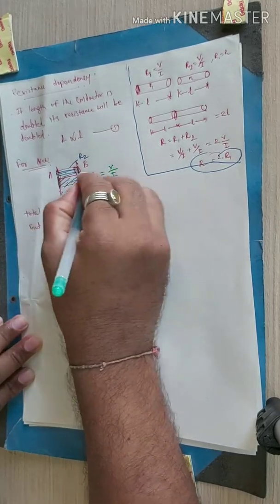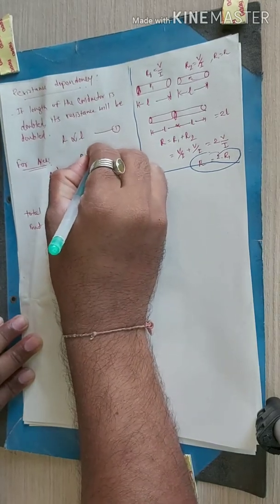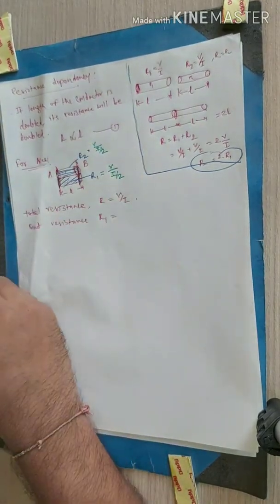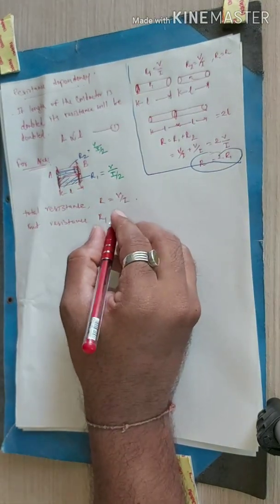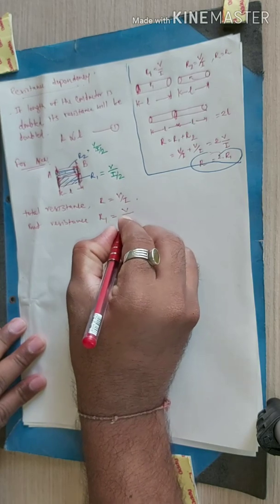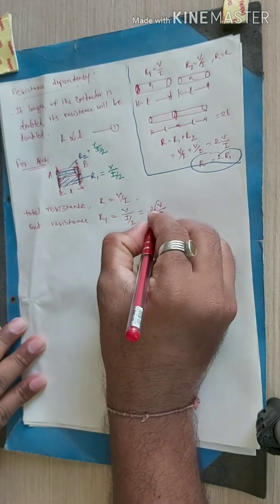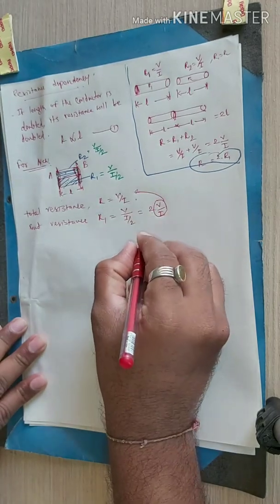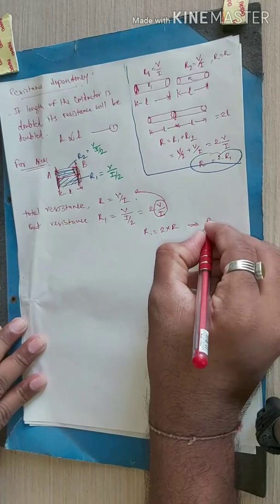In the same way, R2 is equal to V upon I by 2. So the resistance R1 is equal to V upon I by 2, which is 2 times V upon I, and V upon I is the total resistance R, so R1 is equal to 2 times R, so R is equal to R1 by 2.